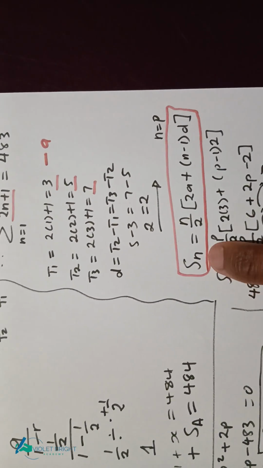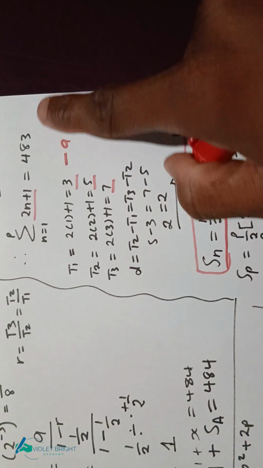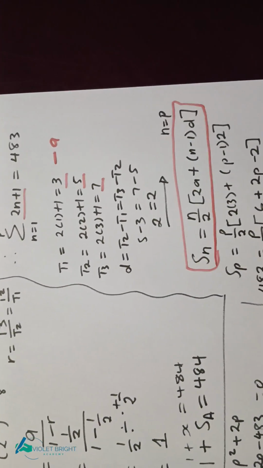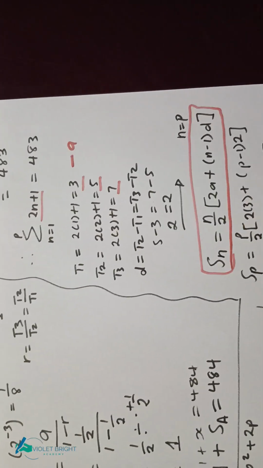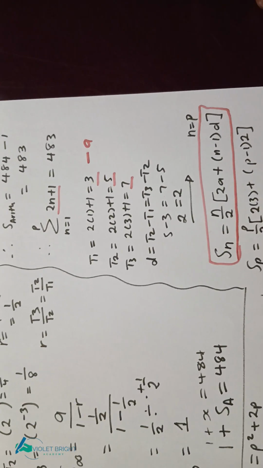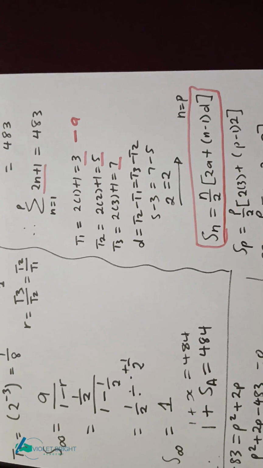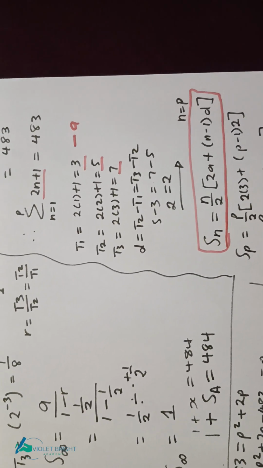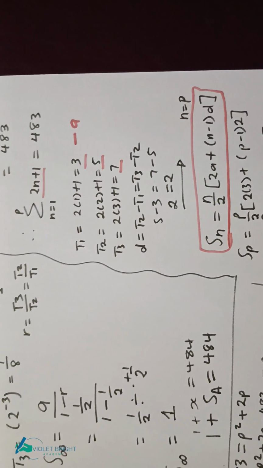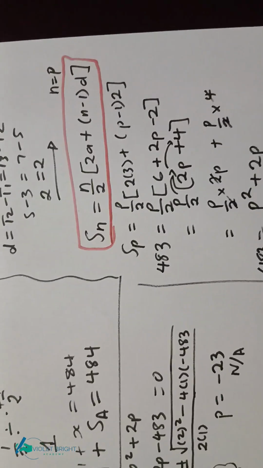We know that the sum of 21 terms in the sequence is 483. That's why we need to find the value of P: so that we know how many terms, when added together, give us 483.